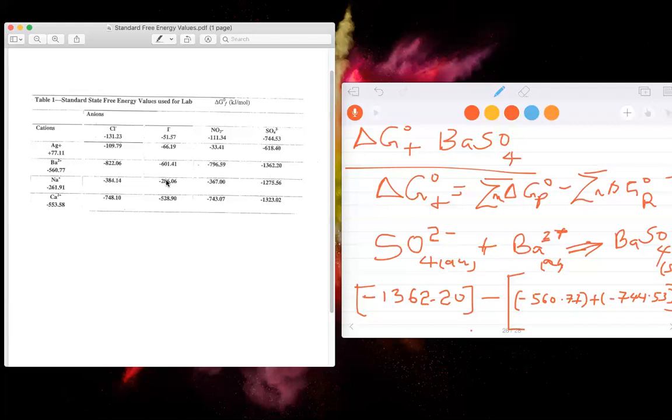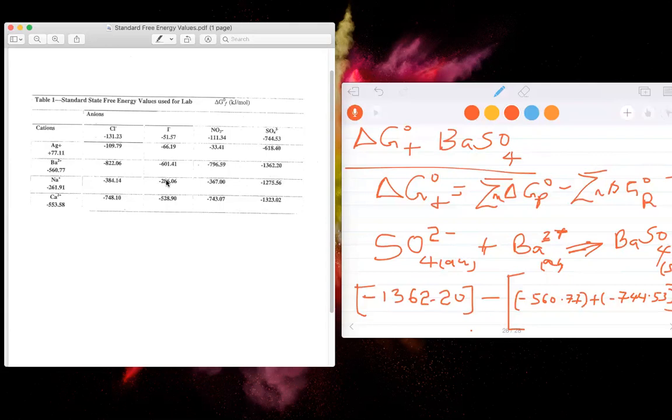Let's see. For what I have here, this will be positive. So if I have 560.77 plus 744.53, and I have negative 13, that will be right here.